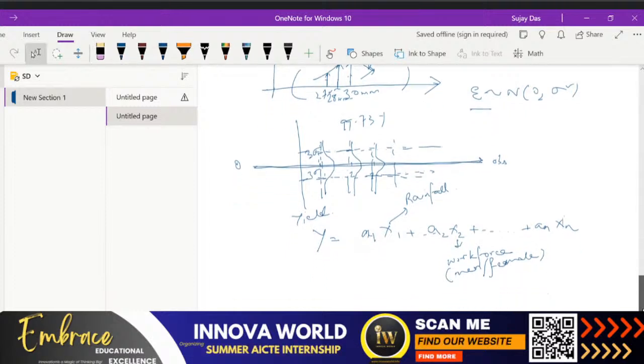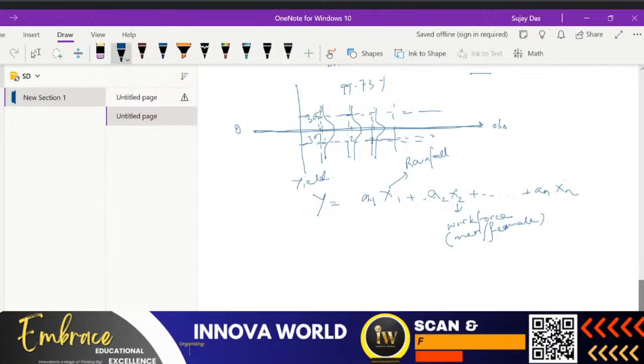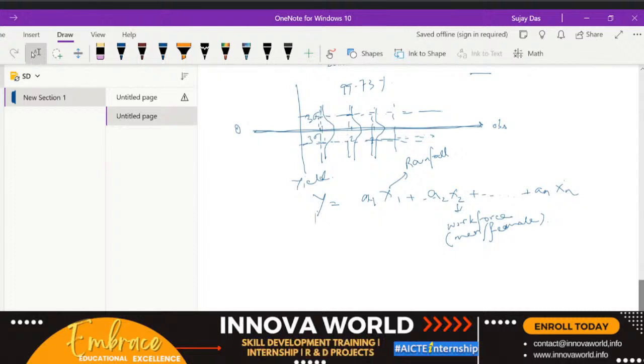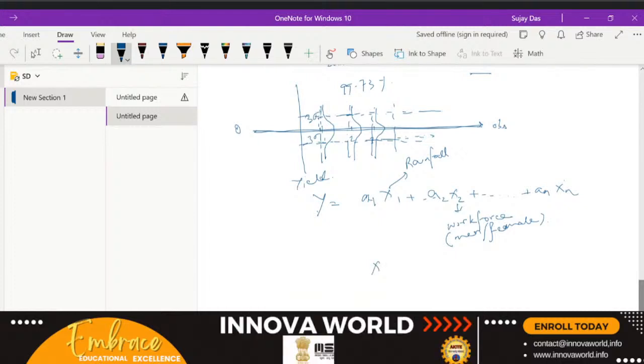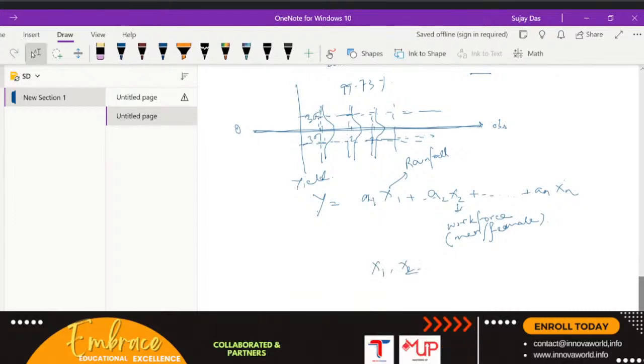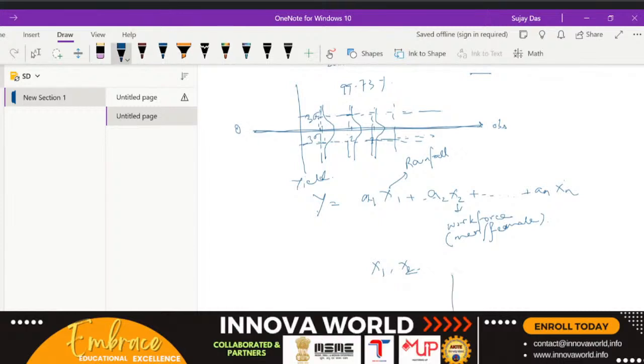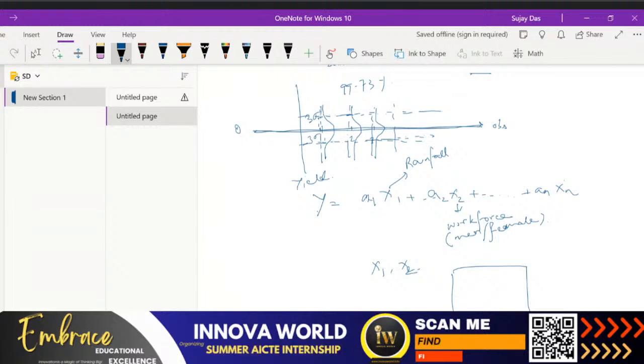What happens in the multicollinearity problem? Suppose we are predicting y with the help of n predictor variables x1, x2, up to xn. Now if some of the predictor variables are correlated, suppose x1 and x2 are correlated, then what will happen? We are trying to explain the variation in y. Suppose this is the amount of variation in y.